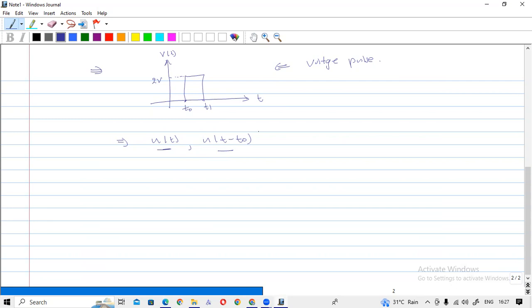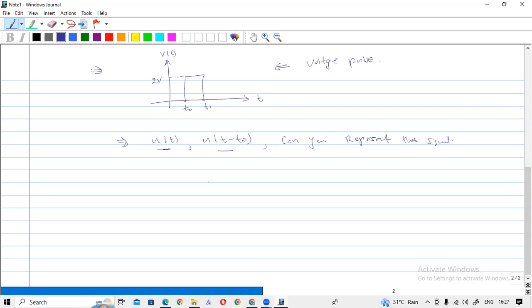Using these two functions, can you represent this signal? Take 5 minutes and try to do this. Tell me the answer. You have to write this pulse using these two.